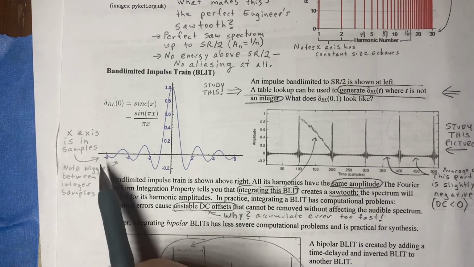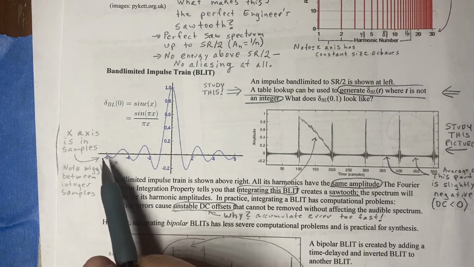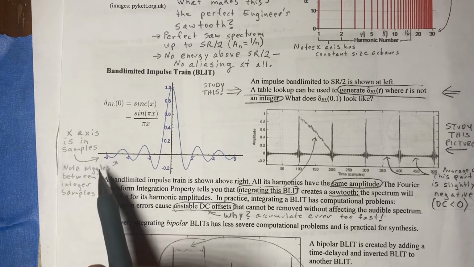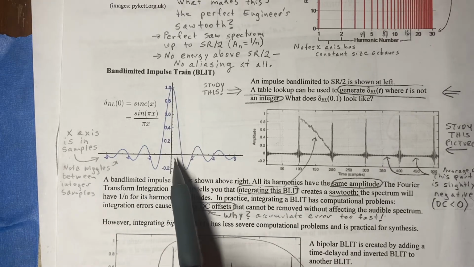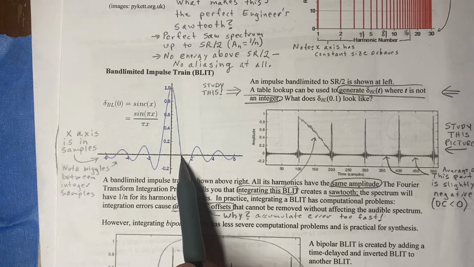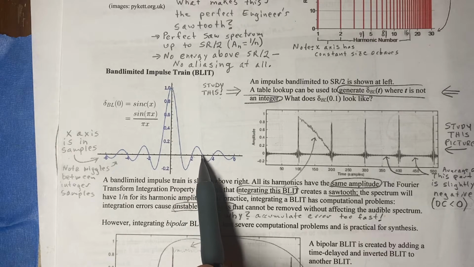Over here on your sheet, you have a band-limited impulse, okay? And here it goes up to 1. And then if you look at integer values along the axis here, it's 0 everywhere else. It's 0 at 1 sample away, 2 samples away, 3 samples away, 4 samples away.